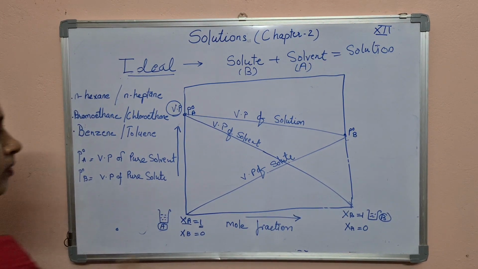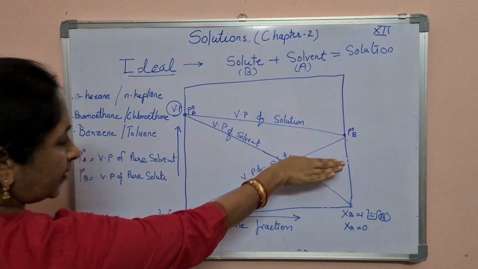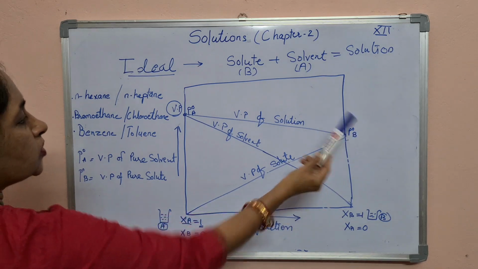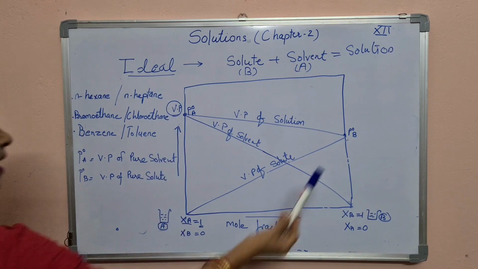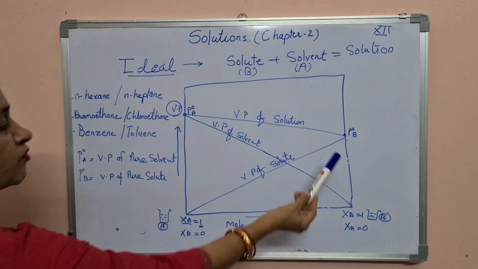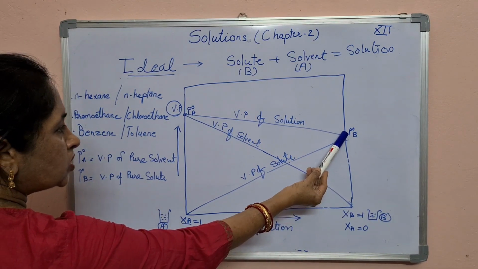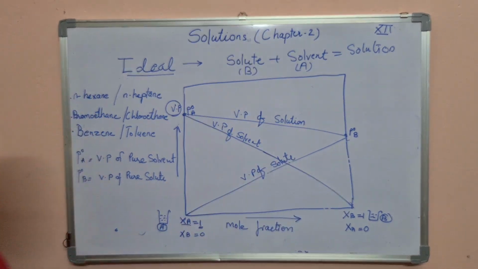The position of P naught B is lower than P naught A. Why is it so? Because it is a solute. The amount of the solute in the solution is always less than the amount of the solvent. If the amount is less, then definitely its vapors are also less. So its vapor pressure is also lower than the vapor pressure of the solvent.